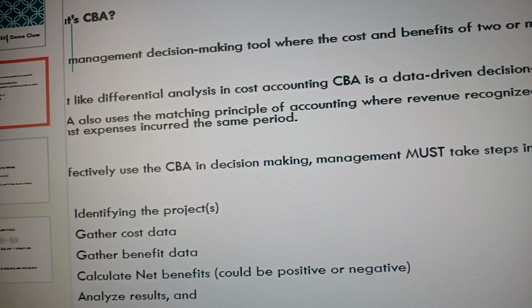Before we dive into how to use a quantitative example to solve such a managerial problem, first let us take this opportunity to understand what cost-benefit analysis is. Cost-benefit analysis is a tool where the costs and benefits of two or more projects are compared.